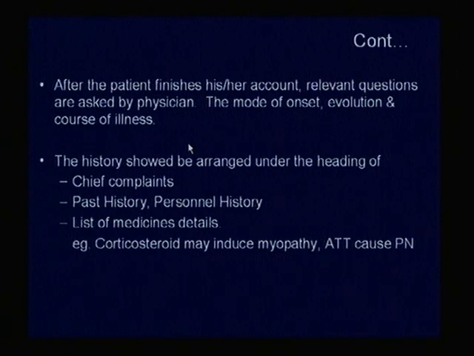I give you an example again, a patient who may be suffering from myopathy, it may be because of corticosteroid induced. So drug history here is the most important. Supposing he doesn't tell you and he is suffering from COPD and he is having corticosteroids, whatever you may do, he is not likely to improve unless the corticosteroids are stopped.